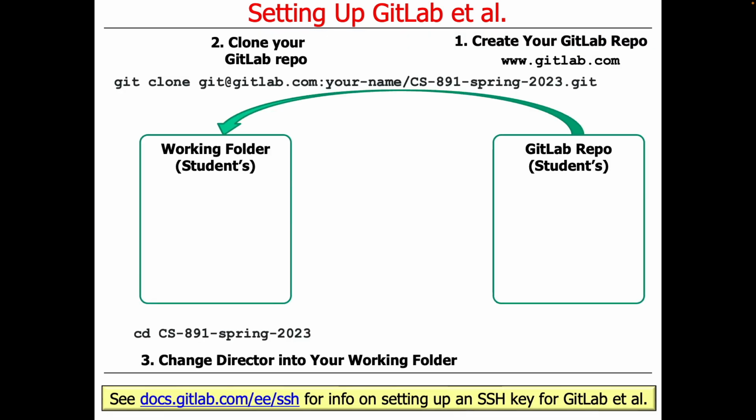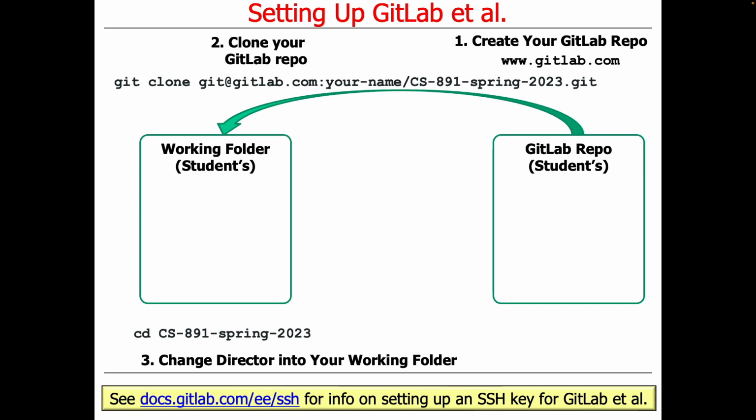And once you've made your GitLab repo, then you're going to do the following things. This is pretty straightforward, but it's got a few moving parts, so let's walk through it. After you create your GitLab repo, which is step 1, you'll go ahead and clone your GitLab repo to your local computer.